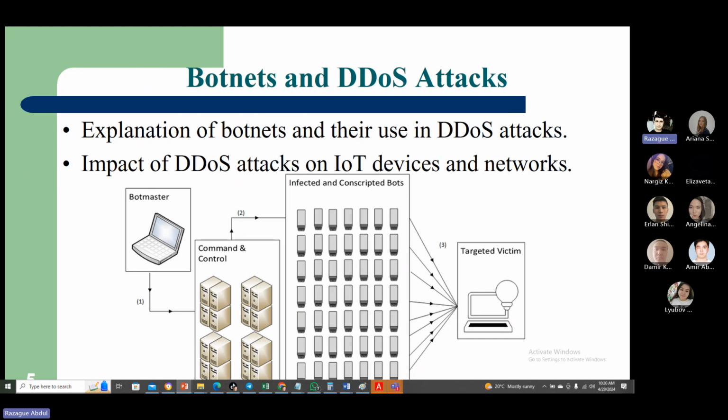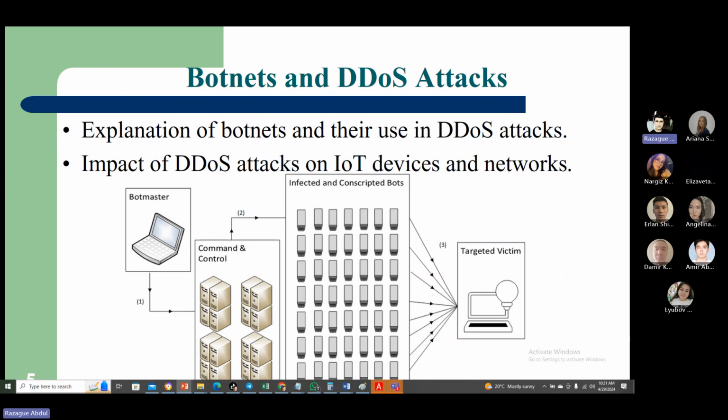So the cyber criminals exploit vulnerabilities in IoT devices to infect them with the malware, effectively turning them into bot nodes. Once a device is compromised, it can be remotely controlled by the attacker and enlisted into the botnet.